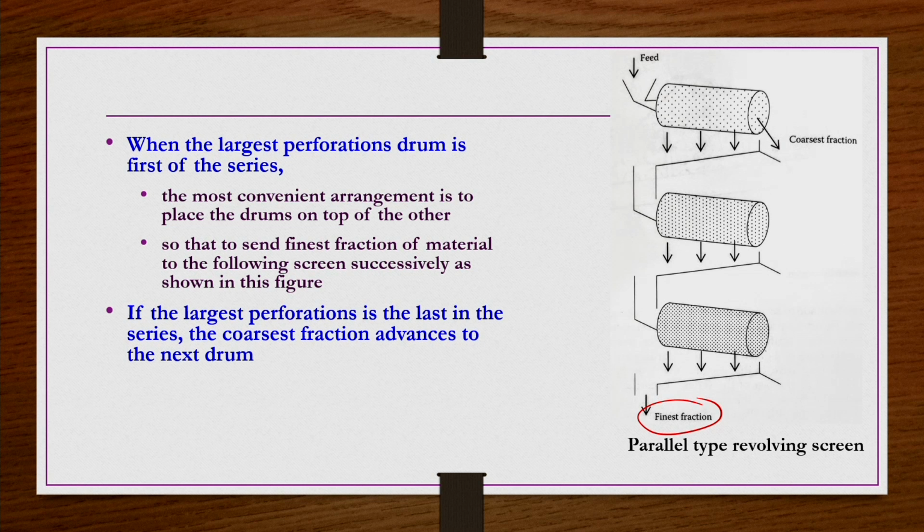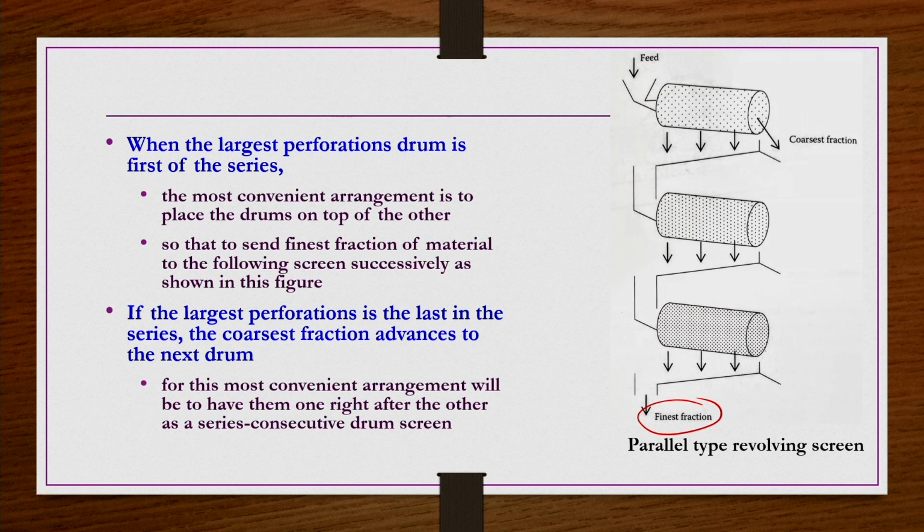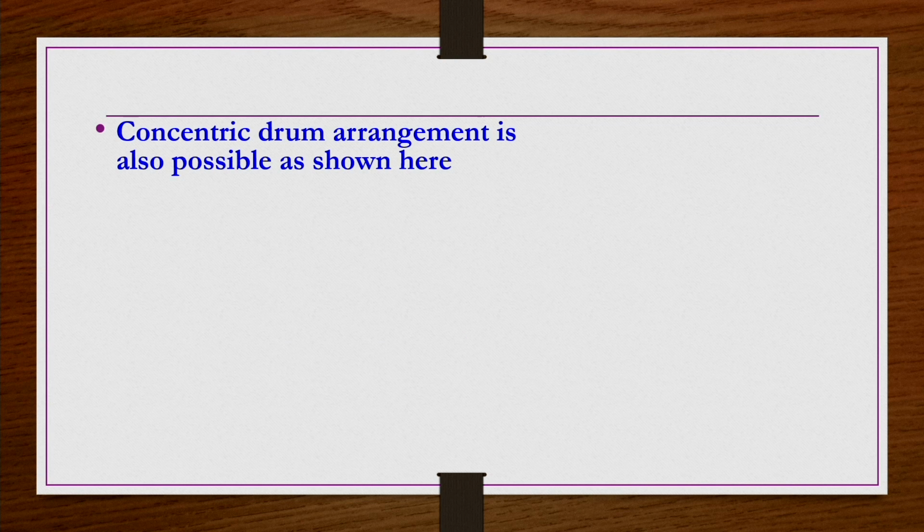If the largest perforation is the last one in the series, then the coarsest fraction advances to the next drum, and the convenient arrangement for this purpose would be having them one right after the other as a series of consecutive drum screens. We can also have the concentric drum arrangement as shown here.